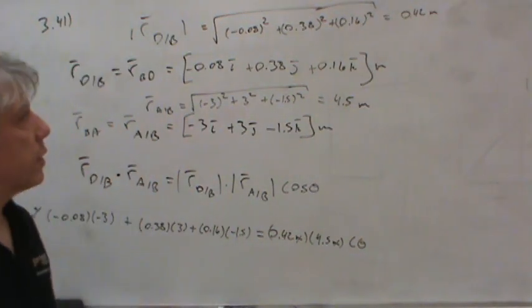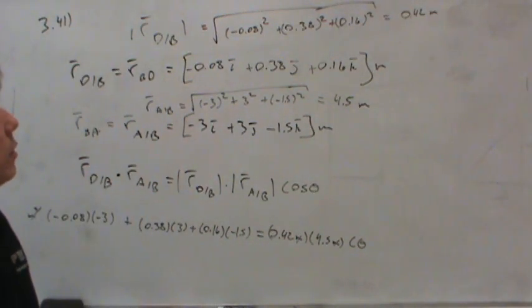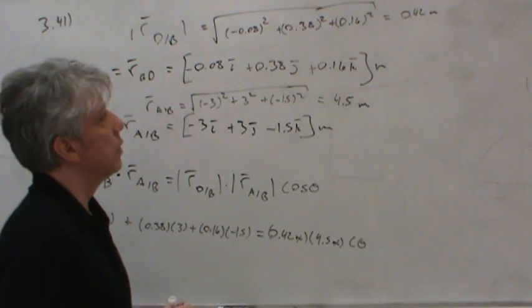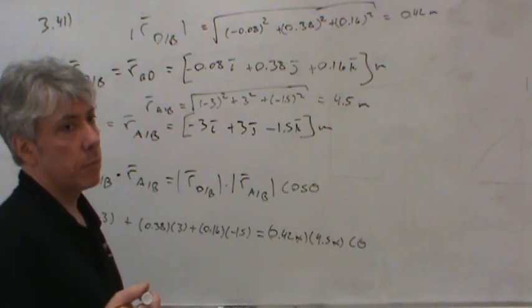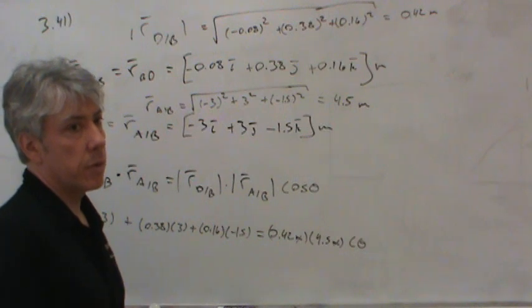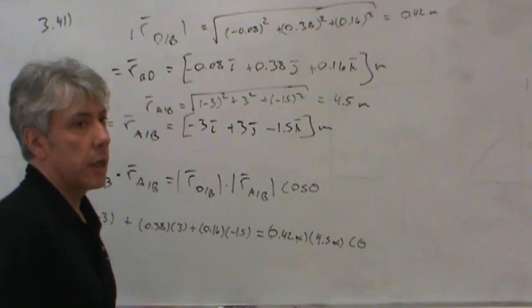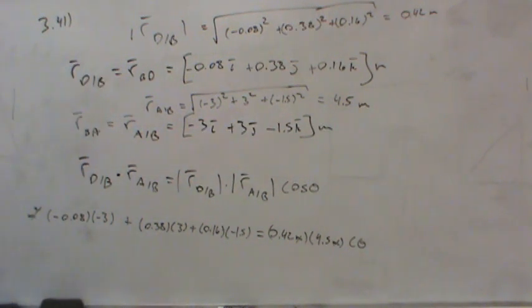What numbers are you typing in? Negative 0.08 and then squaring it, plus 0.38 squared, and then 0.16 squared, and then you take the square root? 0.14. There's no way it's that large. There's just something with your calculator you're not doing right.